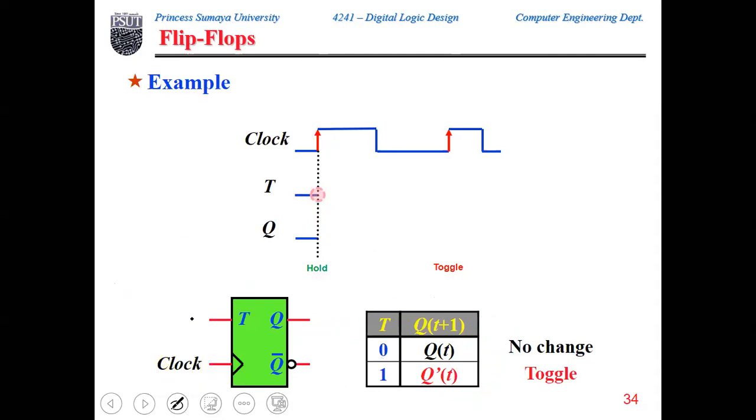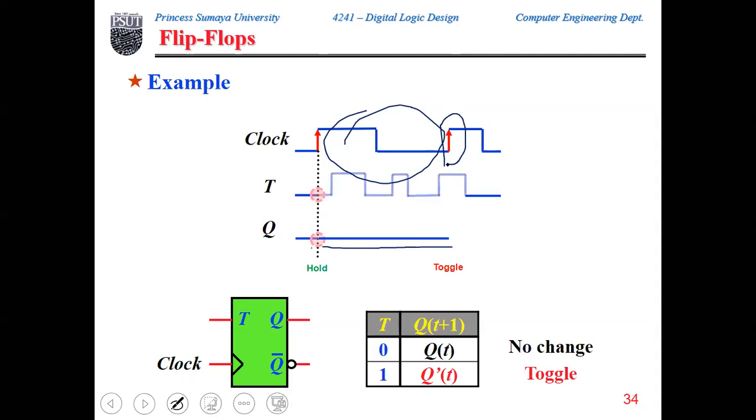T is 0, so Q will be affected such that there is no change. So Q will stay the same for this whole period. Why? Because there are no edges during this period of time. We can only change the stored value at the edge. So at this edge, if we assume that T is changing like this, what is the value of T at the edge?